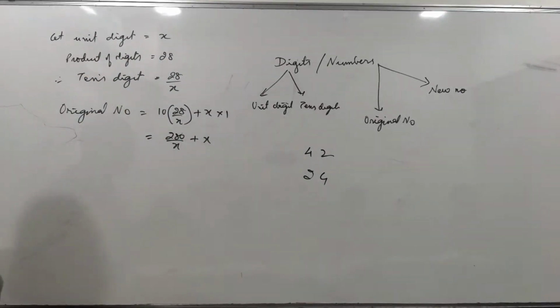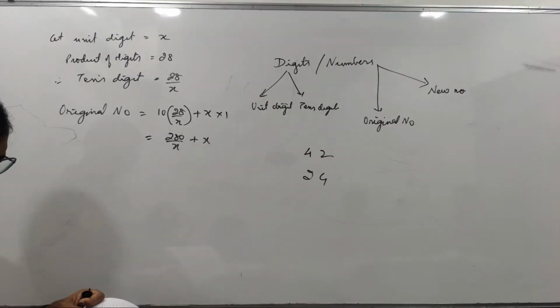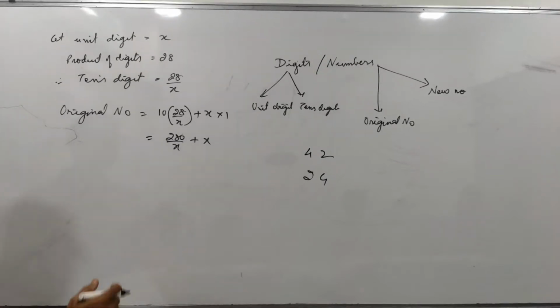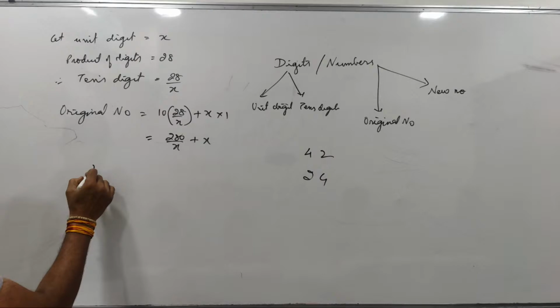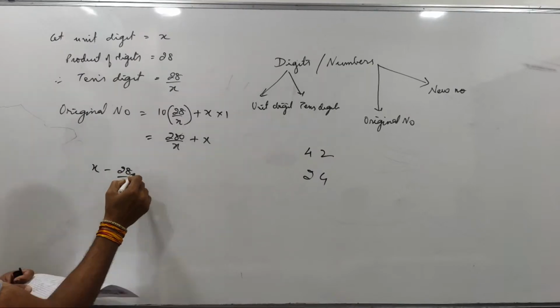Now in the question it is clearly specified that the unit digit is the larger number. So which is bigger? x, yes, the unit digit. So the equation will be x minus 28 upon x.